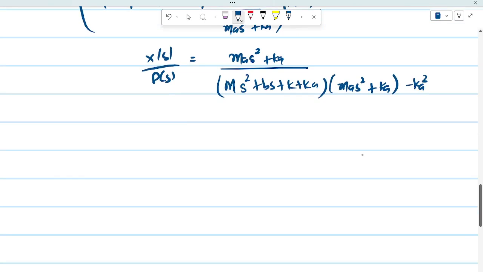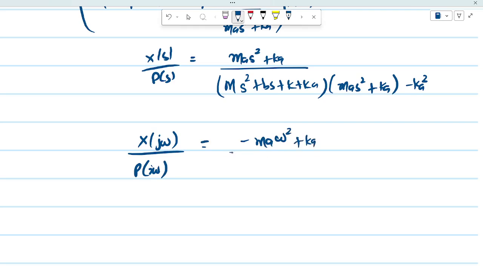Because we are more interested in the steady state response, not the whole response, we have to convert this transfer function to the sinusoidal transfer function. That will become x of i omega over p of i omega equals to (minus ma omega square plus ka) over this whole: (minus m omega square plus k plus ka) into (minus ma omega square plus ka) minus ka square.